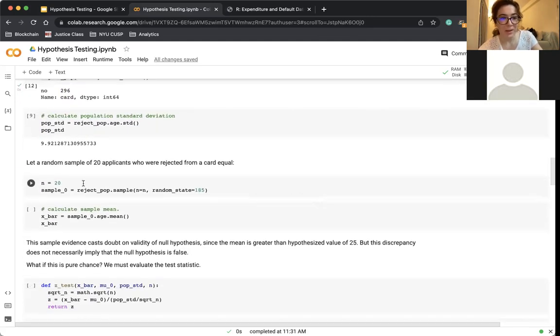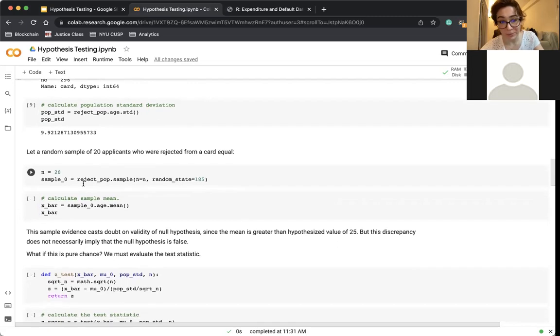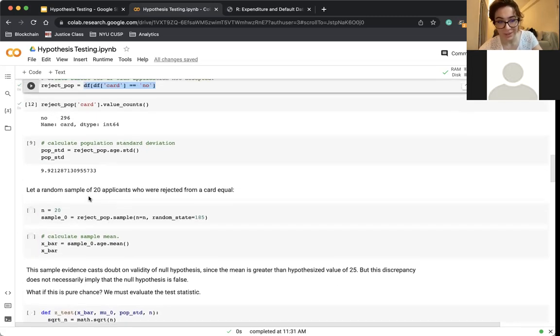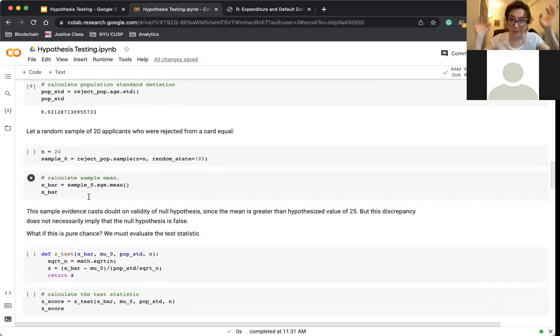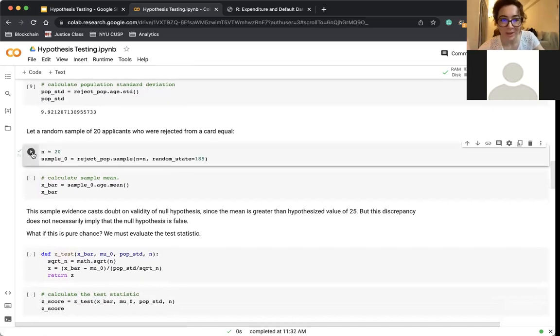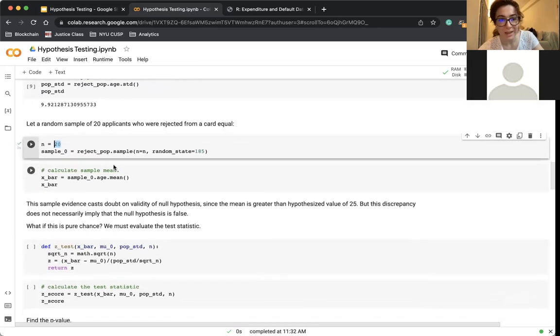Perfect. So we are now taking a random sample from this. This is our sample compared to the population. And we're doing this so we can take that measurement and then compare it back to the population. So I'm just going to define my sample size of 20. And I use this random sampling, and I define my random state so that this is reproducible.